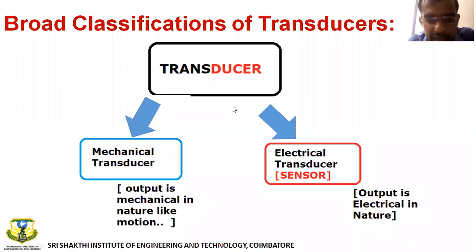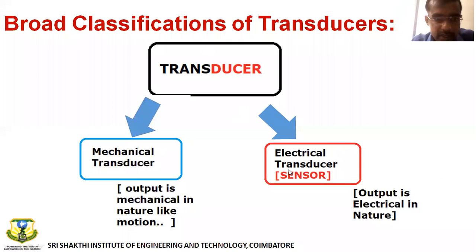I'll explain, now you may get confused. These electrical transducers have an electrical output. Why are they called sensors? This will sense or pick up the physical quantity and try to produce an output. That is why we call it a sensor.